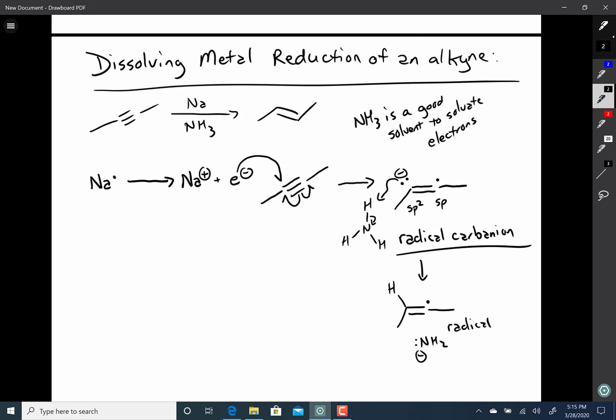And then this radical waits around for another electron that's floating in the ammonia to come and combine with it. And it does so. The molecule flexes so that the two R groups end up away from each other, and you get a carbanion.